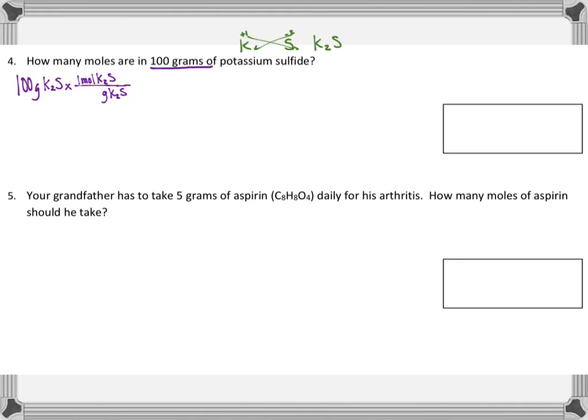In this step, I need to figure out my conversion factor in order to get rid of grams, so I have to figure out my molar mass. I have 2 potassiums and 1 sulfur. Potassium's mass is 39.098.